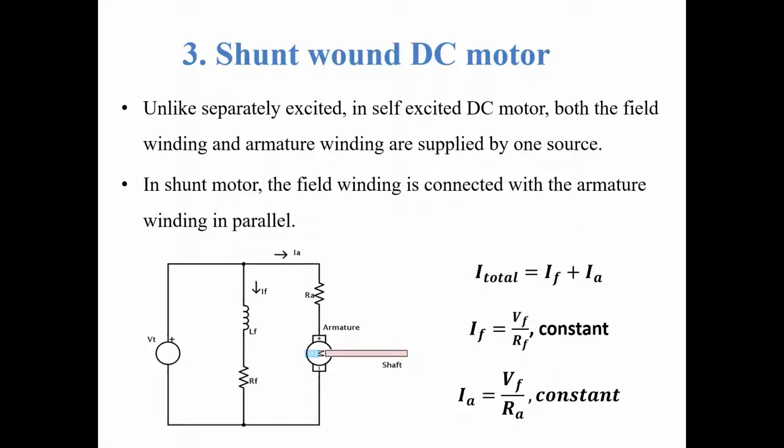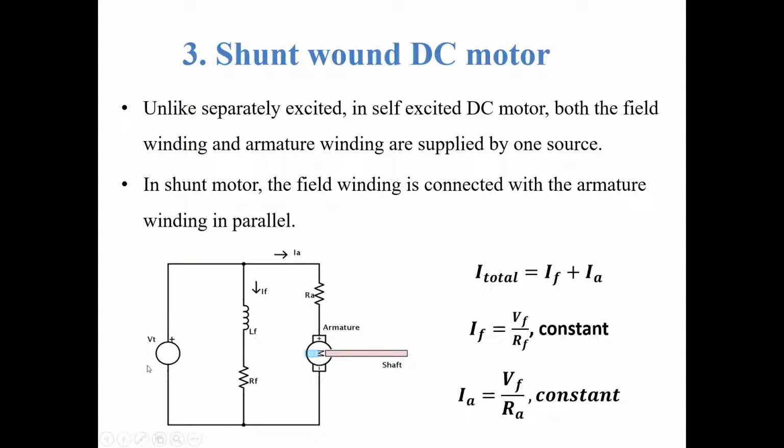Unlike the separately excited DC motor, where we have two separate DC power supplies, one for the stator or the field, and the other for the rotor or the armature, here in self-excited we only have one DC source.